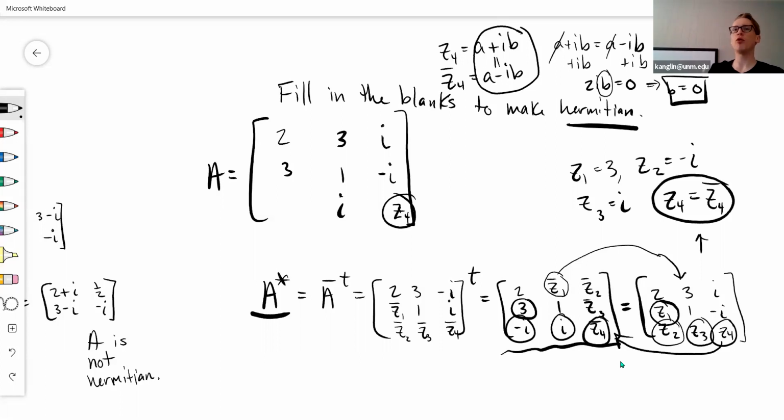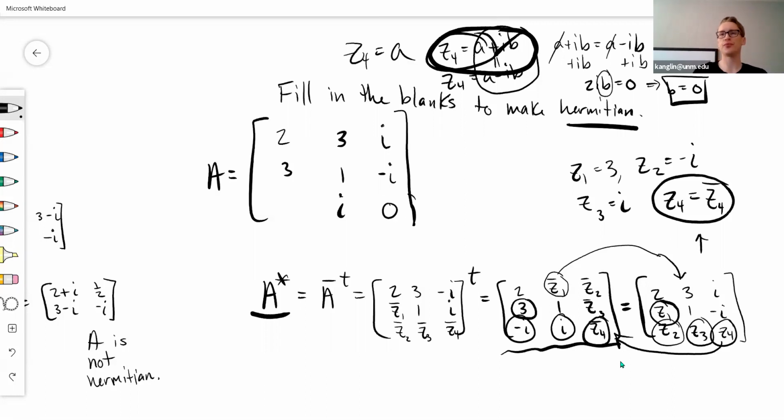So all we're saying is the form of this Z4 has to be this so that the imaginary part is 0. It has to be a purely real number. But so long as it's real, we're good. So long as it has 0 imaginary part, we're good. So let's plug in anything we want here. Easiest real number, 0. I'll put that there.